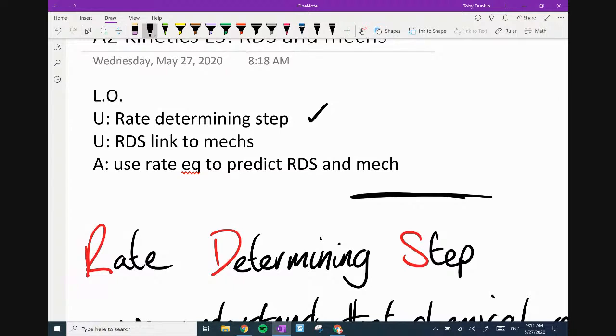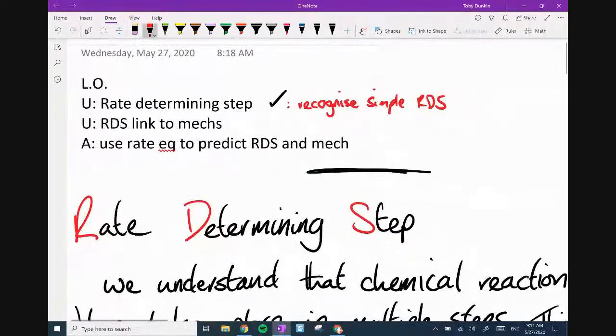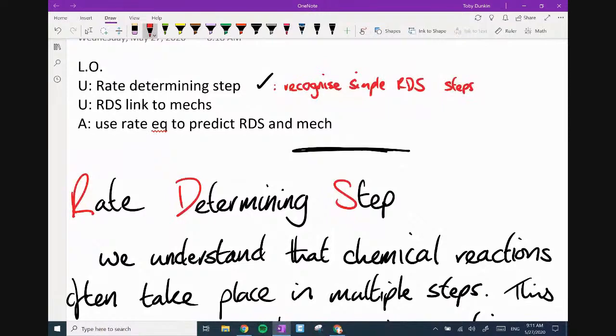We can recognize it. So I'm going to add that in here, not just understand, but recognize simple RDS steps using charges. Very common at A level.